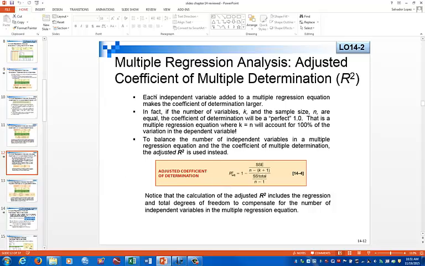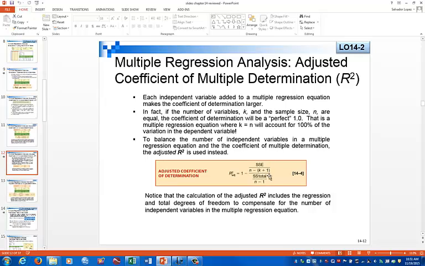However, as we add independent variables, the R squared, or multiple regression coefficient of determination, becomes larger. In fact, if the number of variables k and the sample size n are equal, in other words, we're using as many independent variables as the sample size, the coefficient of determination will be a perfect 1.0.